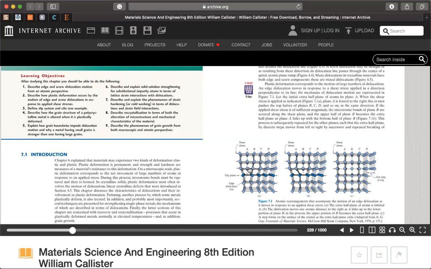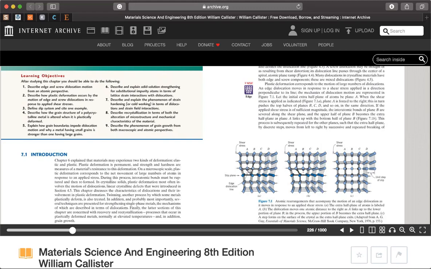And the question that we have is, which plane and which direction will the dislocation slip on? To answer this question, the material will tell you, I will let that dislocation slip in the direction and plane that are more closed packed, or have more density.